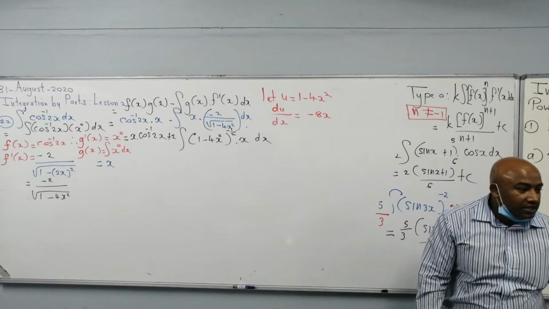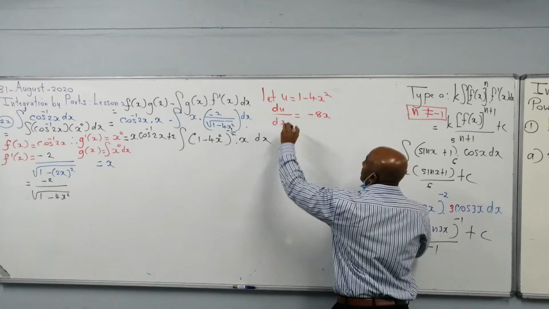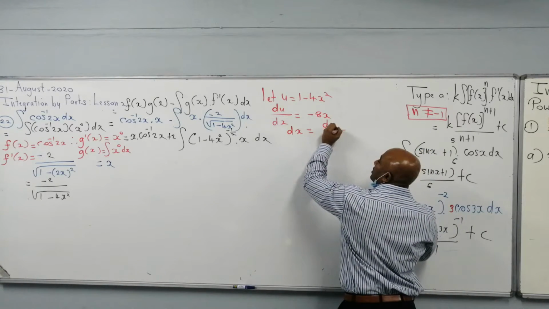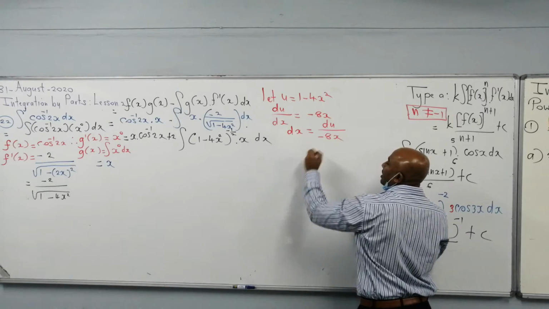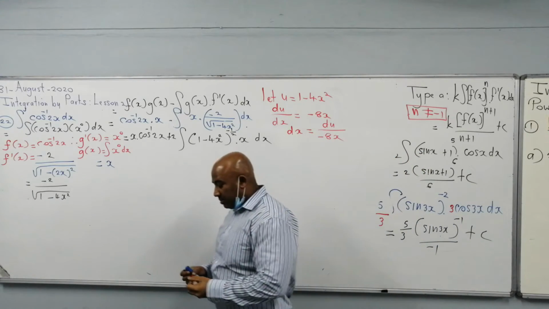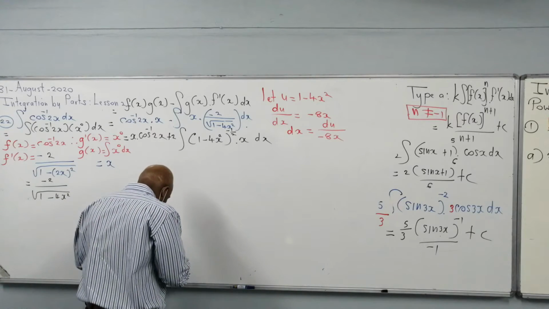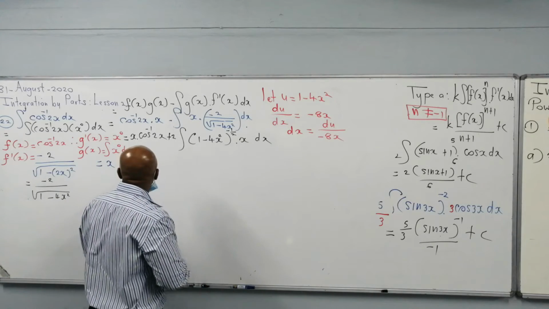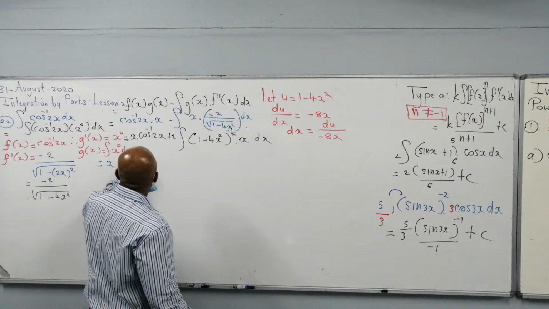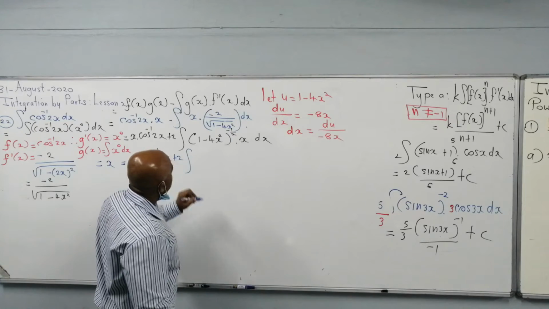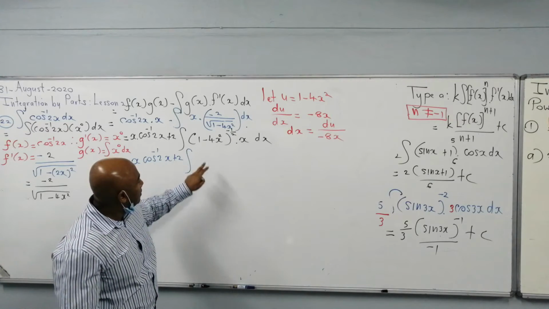Now I need to make dx the subject of the formula. So then dx is equal to du divided by minus 8x, and now substitute. So there's the substitution now.